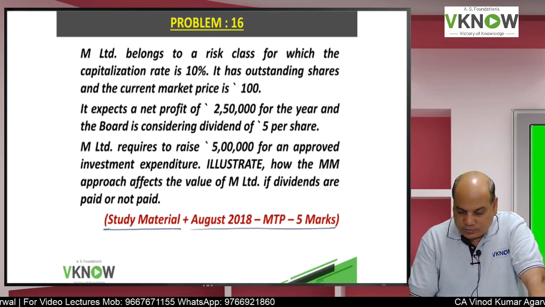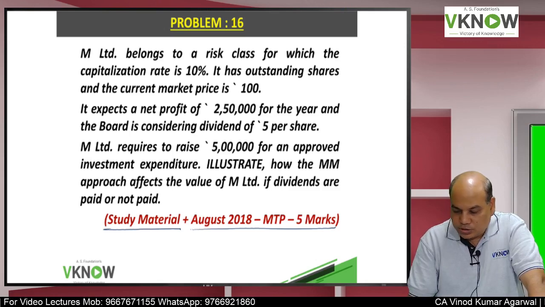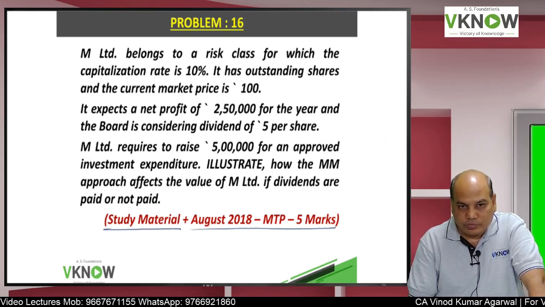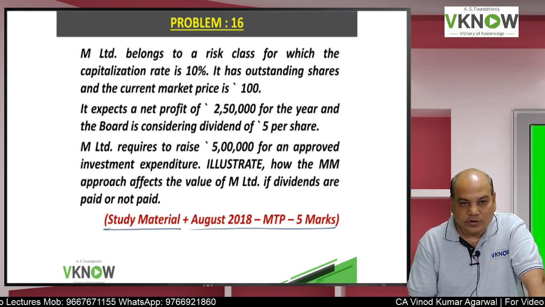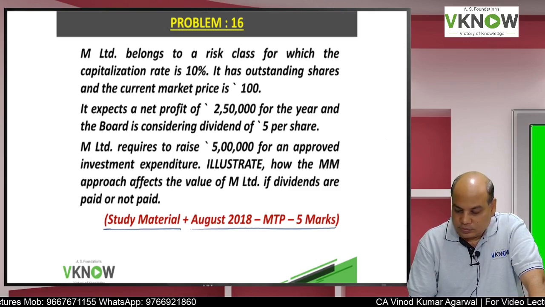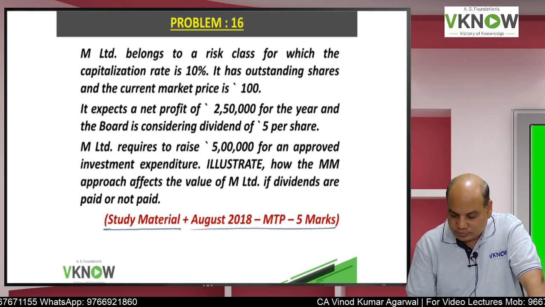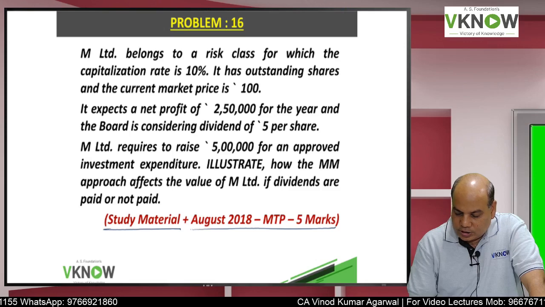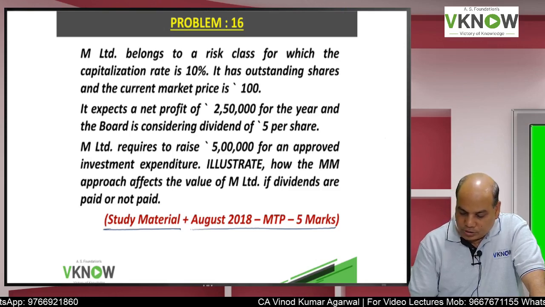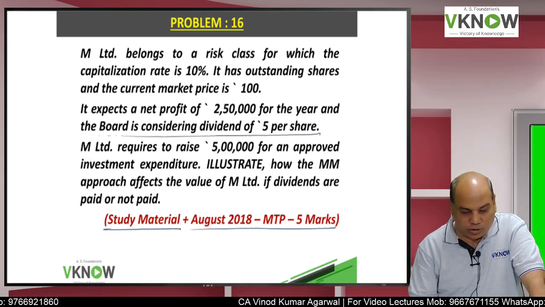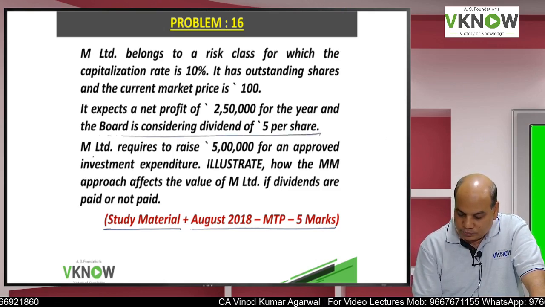Question number 16. M Limited belongs to a risk class for which the capitalization rate is 10%. It has outstanding shares and the current market price is rupees 100. It expects a net profit of rupees 2,50,000 for the year, and the board is considering a dividend of rupees 5 per share.